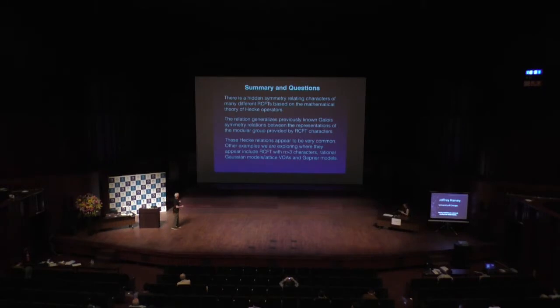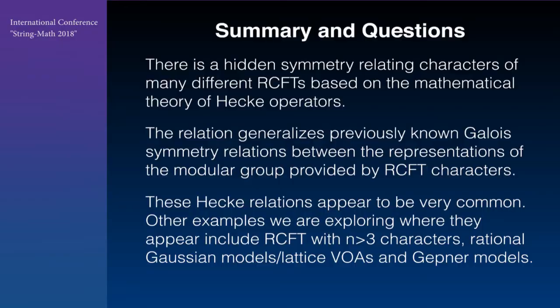Good. So, summary. There's a hidden symmetry relating characters of different rational conformal field theories based on Hecke operators. It's a slight generalization of Hecke operators from what exists currently in the mathematical literature, but it's a very minor generalization. It generalizes and extends the previously known Galois symmetry, and the relations appear to be very common.